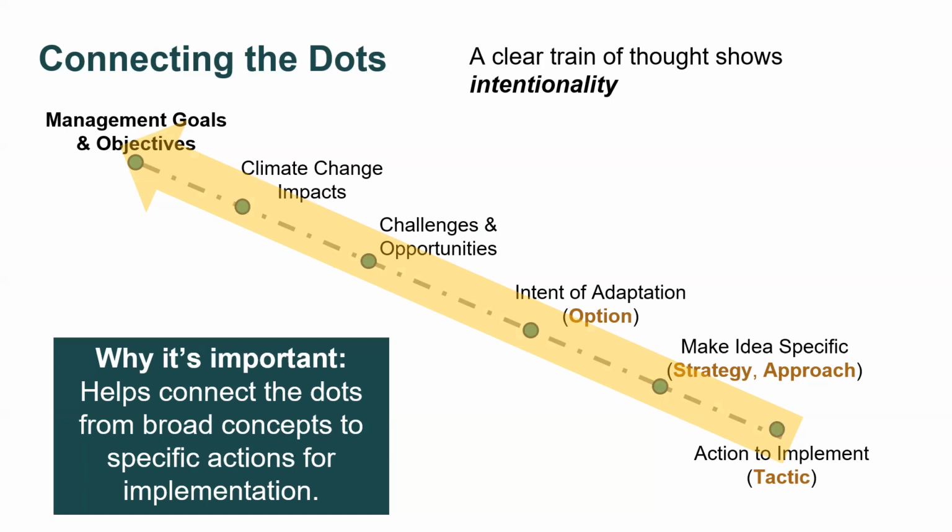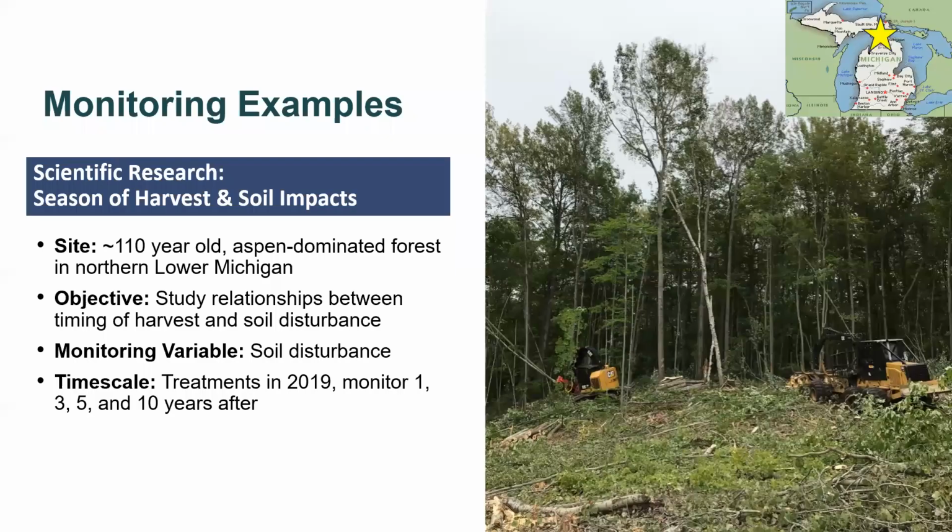And monitoring down here at the bottom is the thing that ultimately helps us know whether we're on track to meet those goals and objectives, and whether or not we need to change to do so. So for the next part, I'm going to go into a little more detail from several projects that I've been involved in, and share a bit richer detail about how we design different types of monitoring for different purposes.